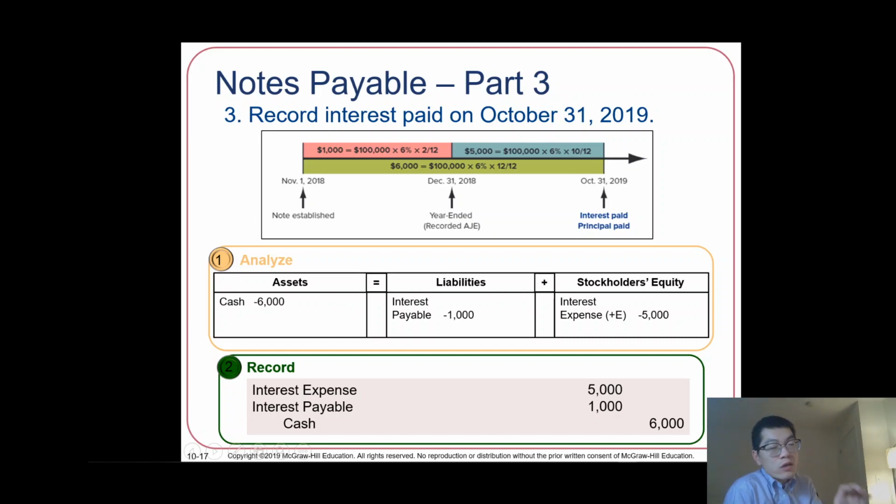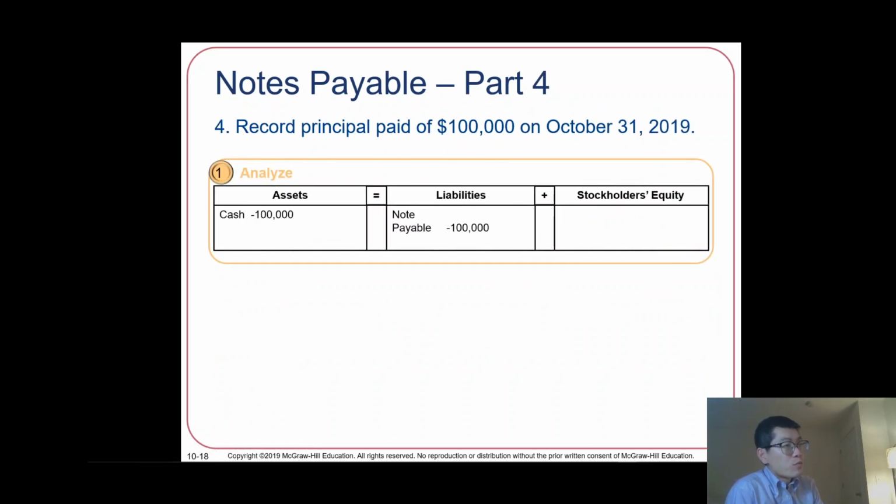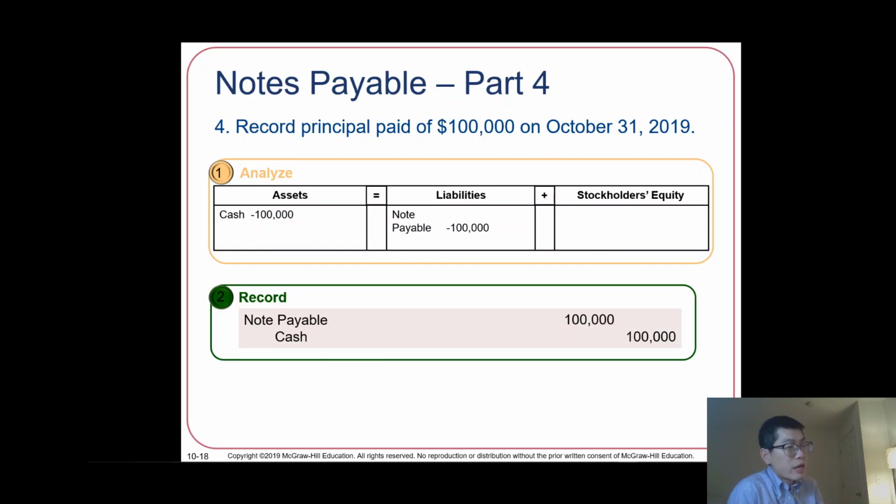This journal entry is only for interest payment. And for the principal, we paid $100,000 cash, and then our notes payable liability will decrease, so debit notes payable and credit cash for that amount. All right.